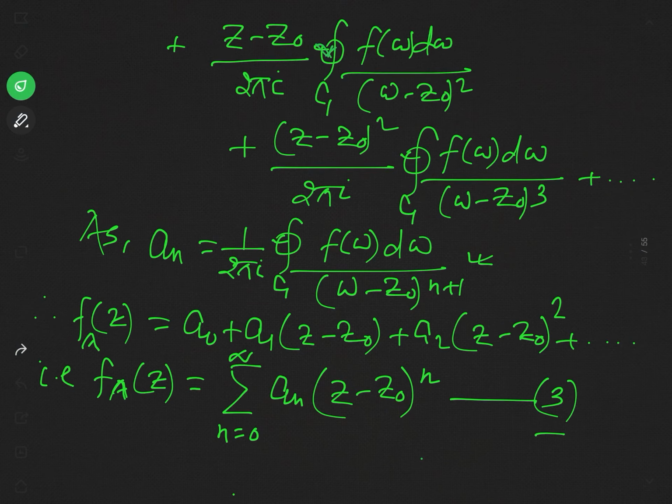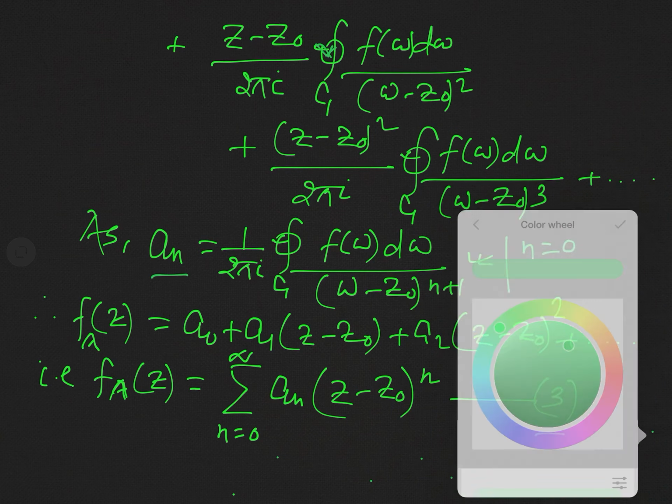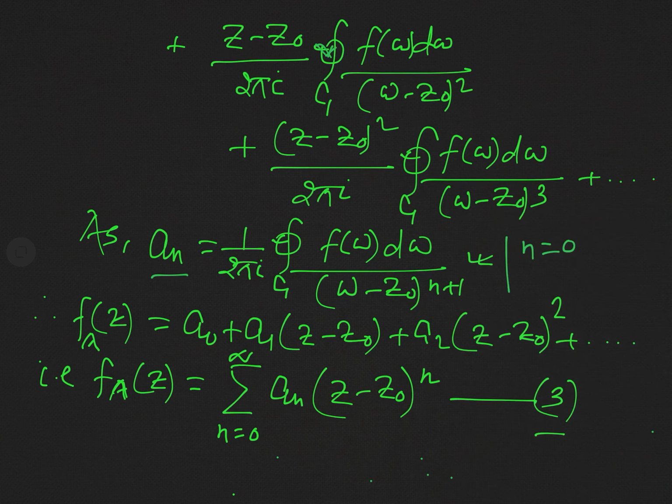And as we know from the statement of Laurent series, this coefficient an is defined as 1 over 2 pi integral f(w) dw by (w minus z naught) to the power n plus 1. So if we put n equal to 0, what will this be?